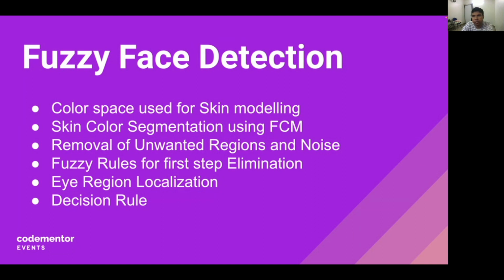Here is a query: how to apply fuzzy face detection with practical examples. For the practical examples, I have taken this data from a practical example only. You can choose your own programming language.